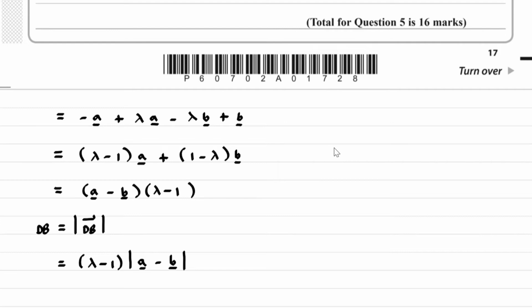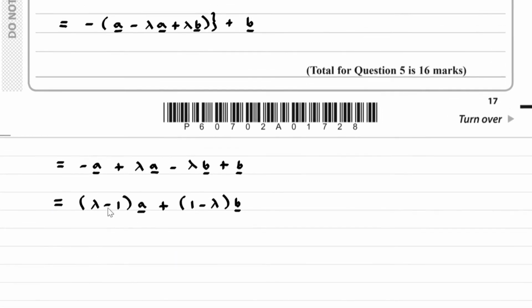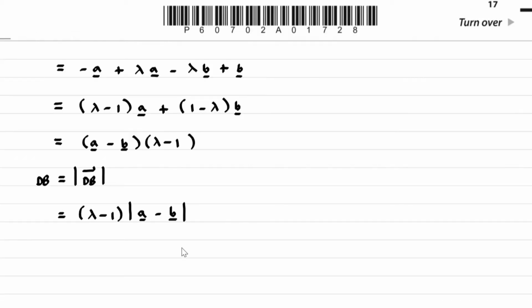Now here lambda minus 1 is equal to a over a plus b minus 1, multiplied by the magnitude of a minus b.